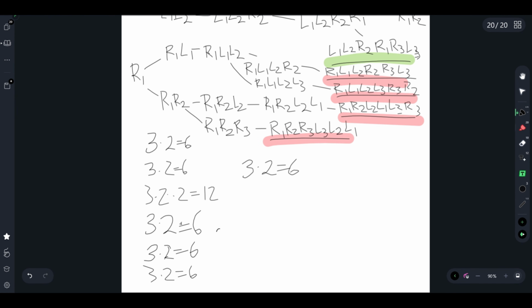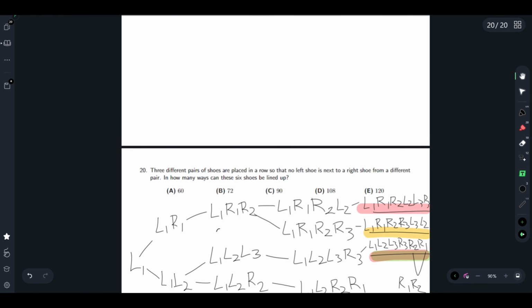Lastly, this one, this is a special case. 3 choices for this first one, then there's 2 choices, and then these 2 can be interchanged. So we get 2 times 12 plus 1, 2, 3, 4, 5, 6. 6 times 6. So this gets us 24 plus 36 to get us 60 as our final answer.